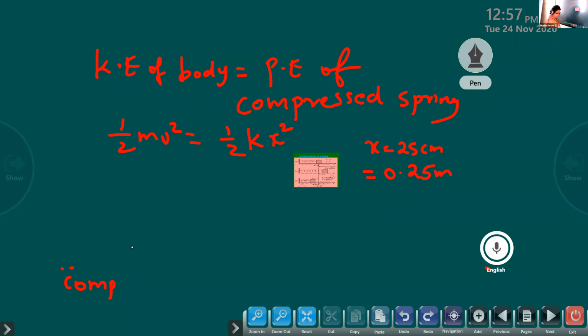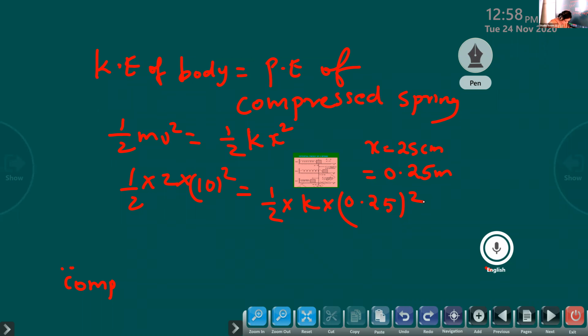Mass is 2 kg, velocity is 10. So half into 2 into 10 square is equal to half into k into 0.25 square. The halves get cancelled.